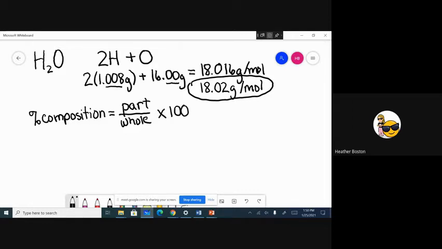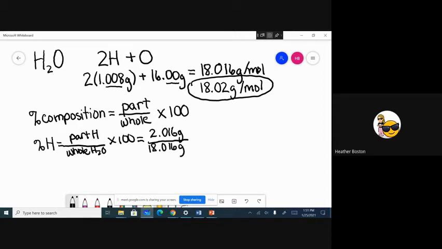So the percent composition of water consists of hydrogen. We would calculate this by the part that's hydrogen over the whole water molecule. We have to be careful because there's 2 hydrogens, so it's not 1.008, it's 2.016 grams of this compound is hydrogen out of the entire 18.016 grams.